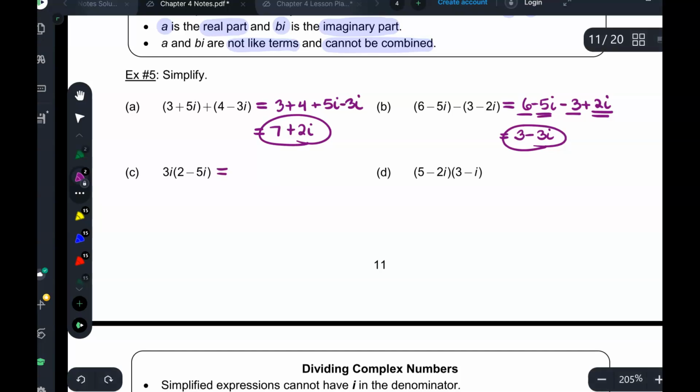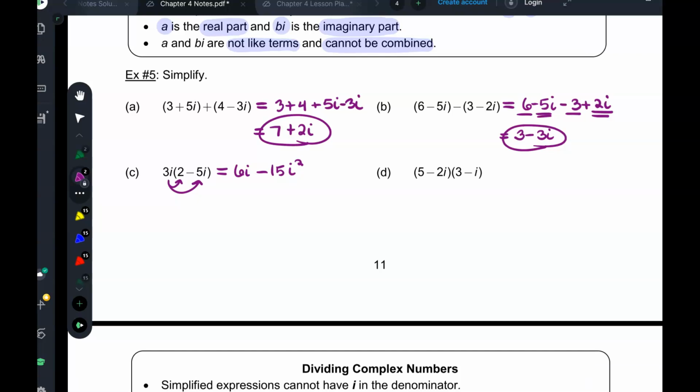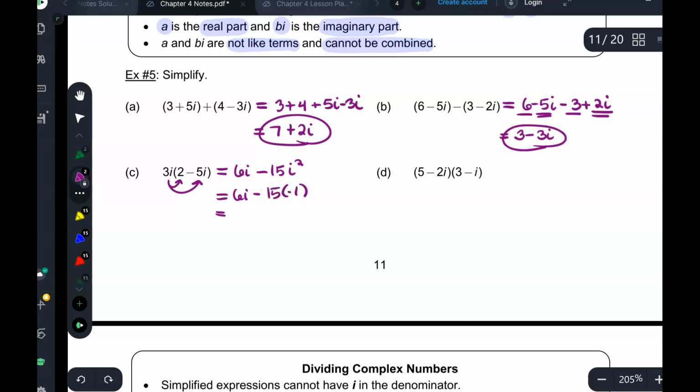The next one I'm going to do is the distributive property, so that's going to be 6i minus 15i squared. Now remember, i squared is negative 1. So that really turns into 6i plus 15.